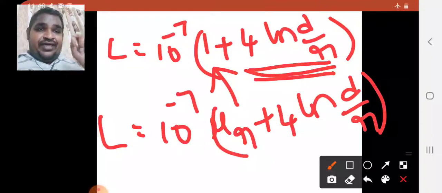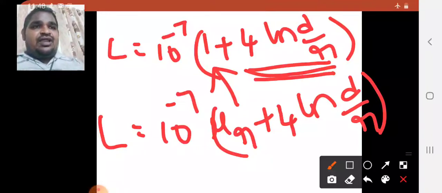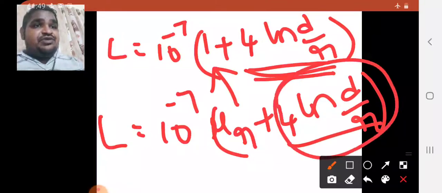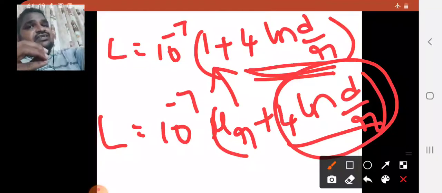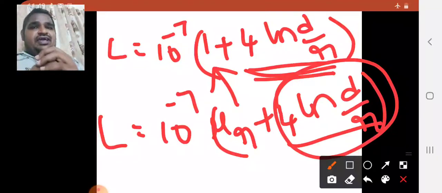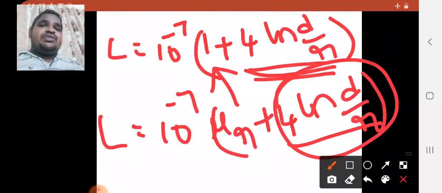Can you tell me why mu r is not along with the second term? Because this term is mutual, meaning it is outside the conductor surface, where the other conductor is in the air gap. In air the value of mu r is 1. Therefore we have taken it like this.